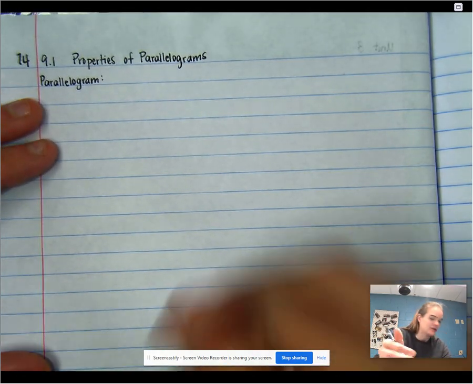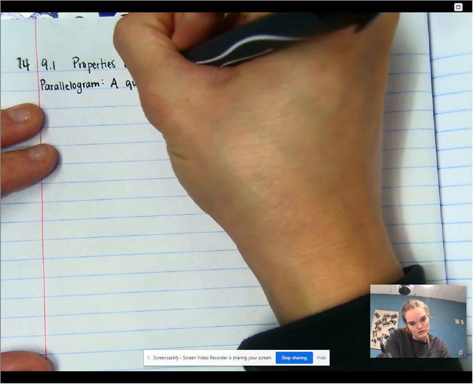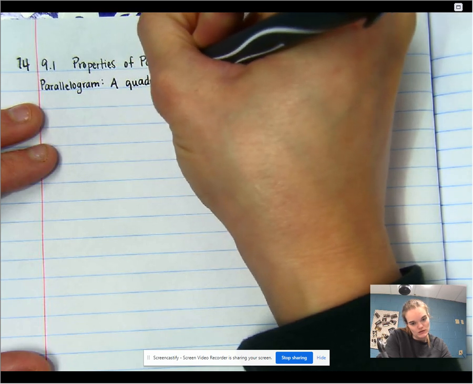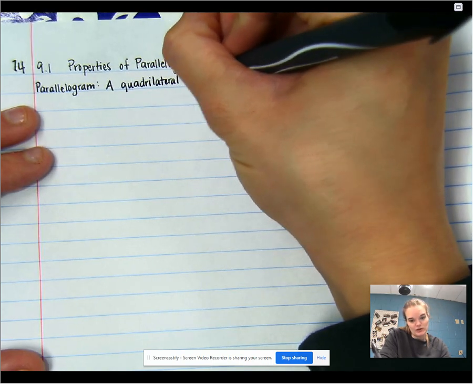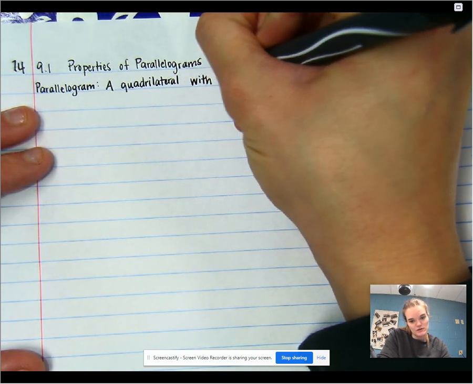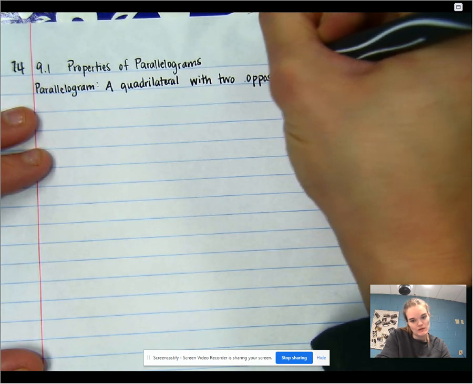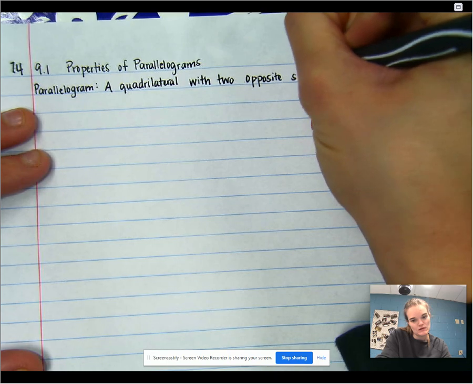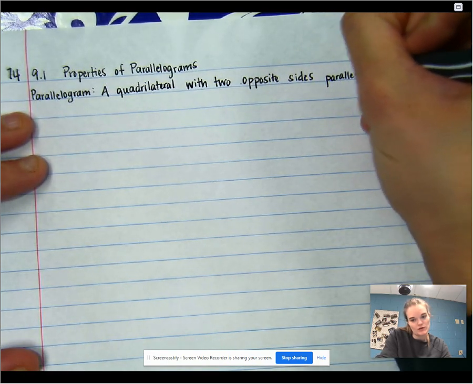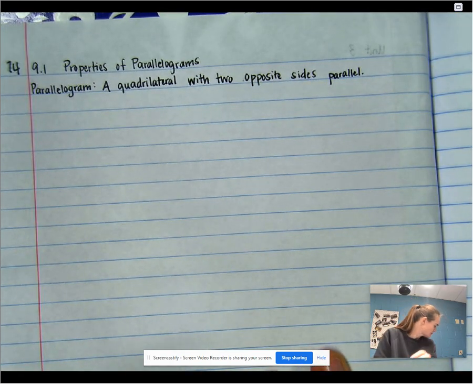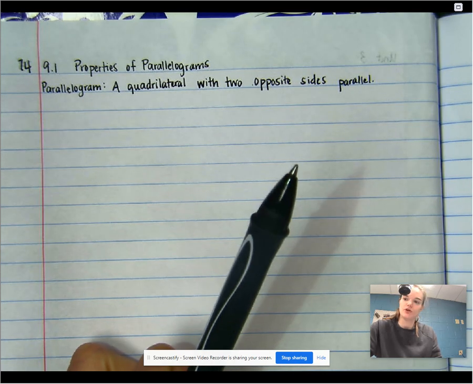Okay, a parallelogram is a quadrilateral, remember 4-sided shape, with 2 opposite sides parallel. And I'm going to draw one. Grab a straight edge. We'll draw a parallelogram.